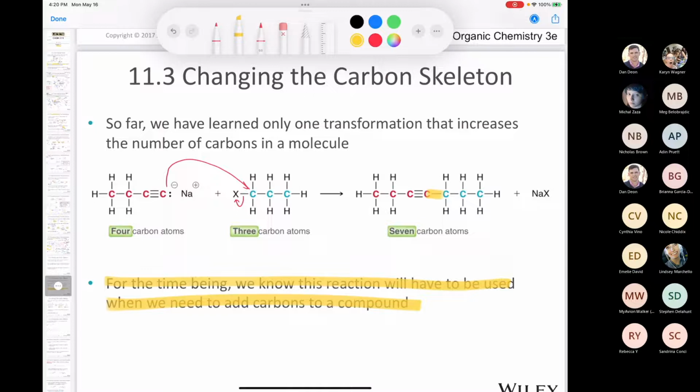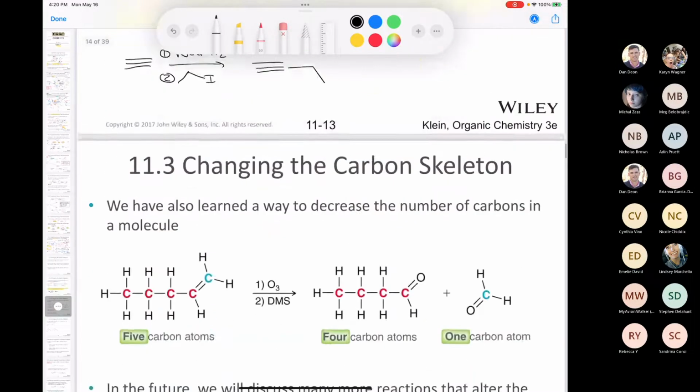In fact, if you go back to chapter 9, we saw that many times we would start with acetylene and say, well, how would you convert that into 1-butene or something? Well, the first step would be to treat it with sodium amide to do a deprotonation, and then you would just treat that with ethyl iodide. It's relatively not complex.